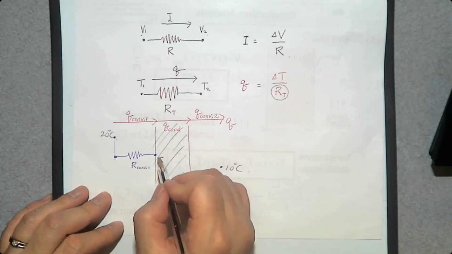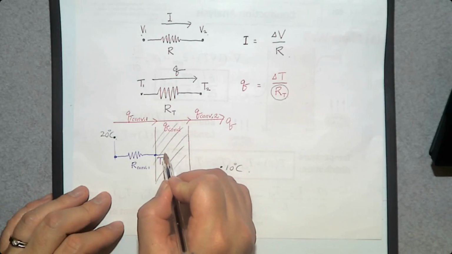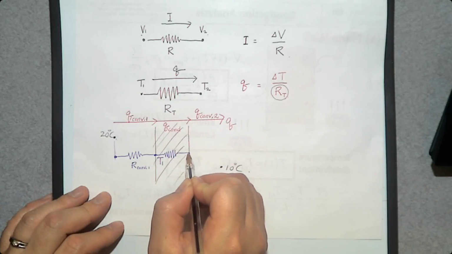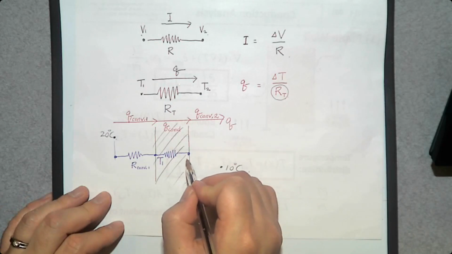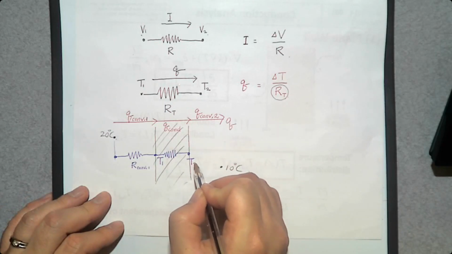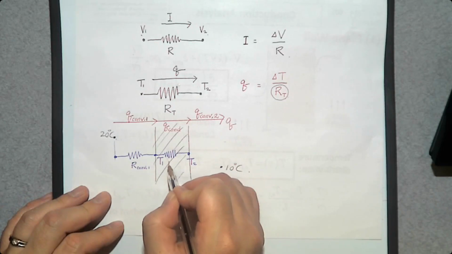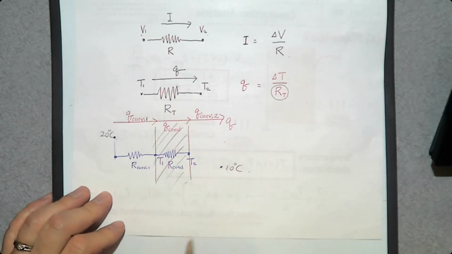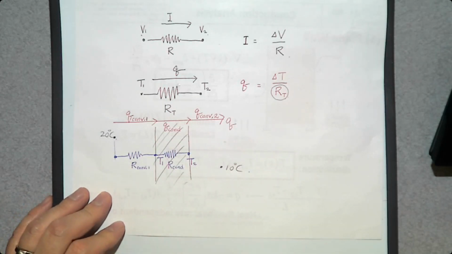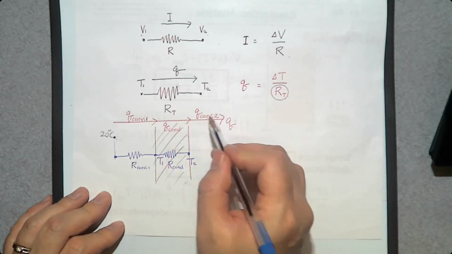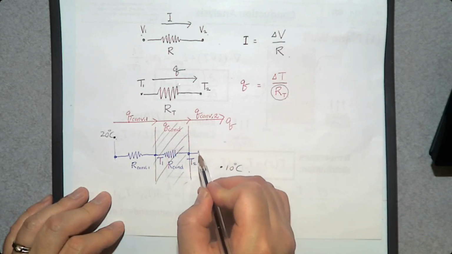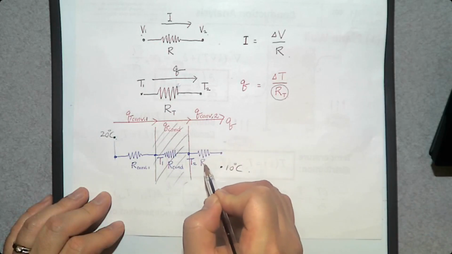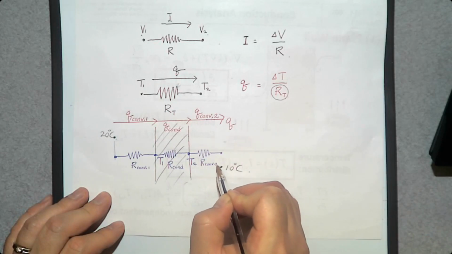And we have another resistance to represent conduction heat transfer through this wall. I'm going to say the outer surface temperature is T2, and the resistance is going to be R of conduction. And we have one more resistance for this convection outside. R of convection. Number 2.